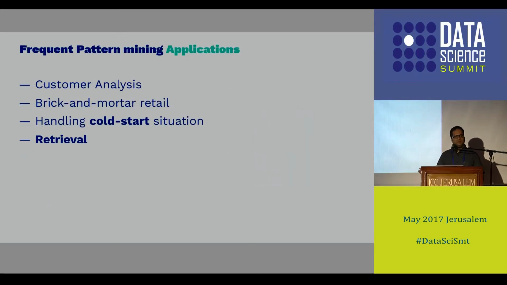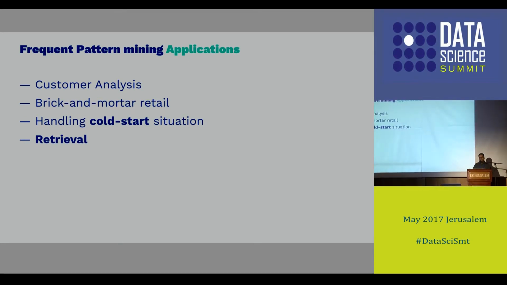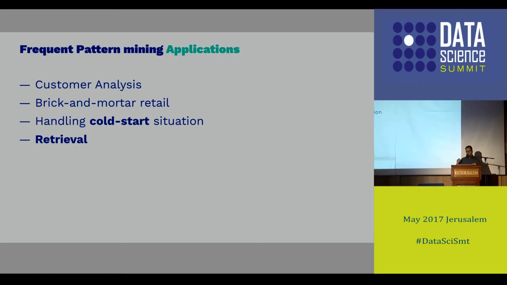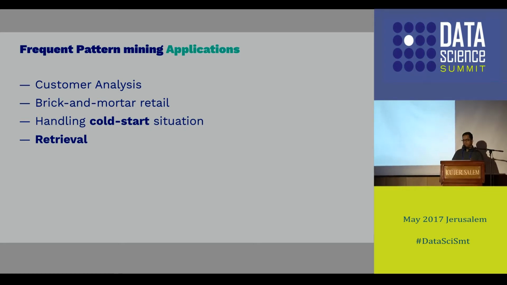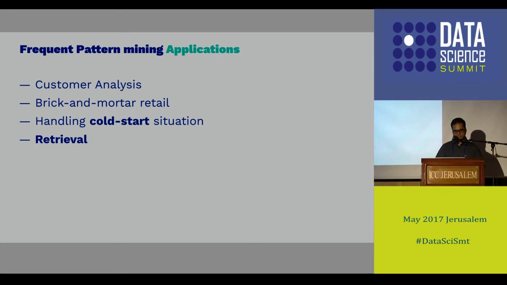This is the class of models we'll be talking about today. It's called frequent patterns, where given transactions, you want to identify frequent patterns, items or products that came together. It has a lot of interesting applications.